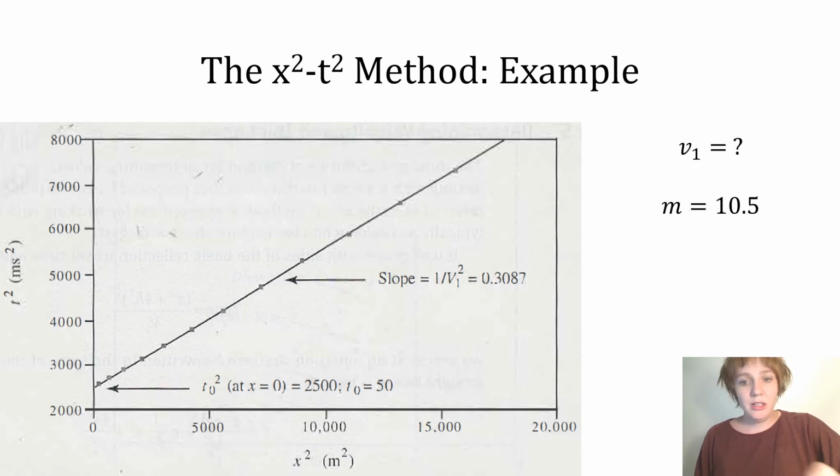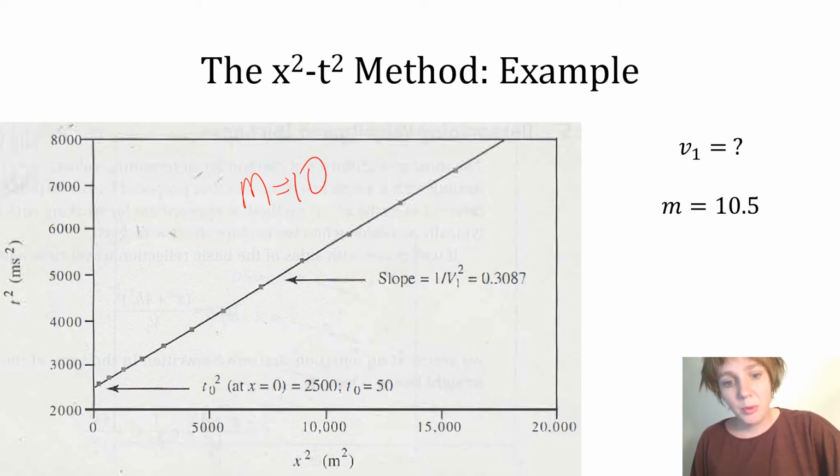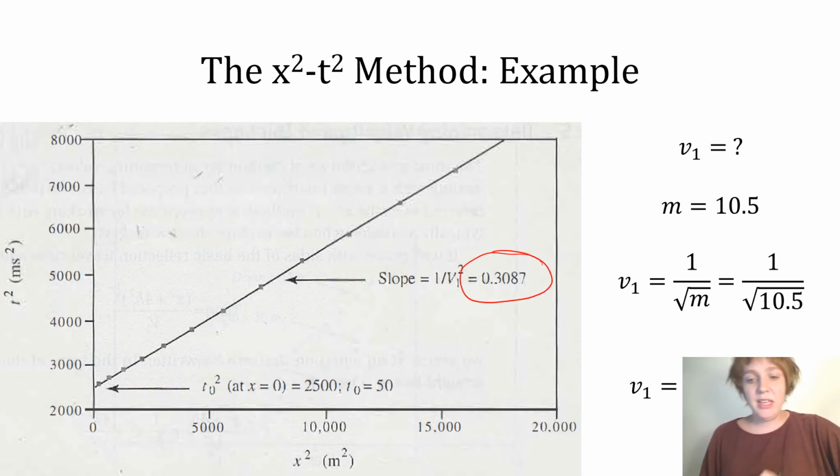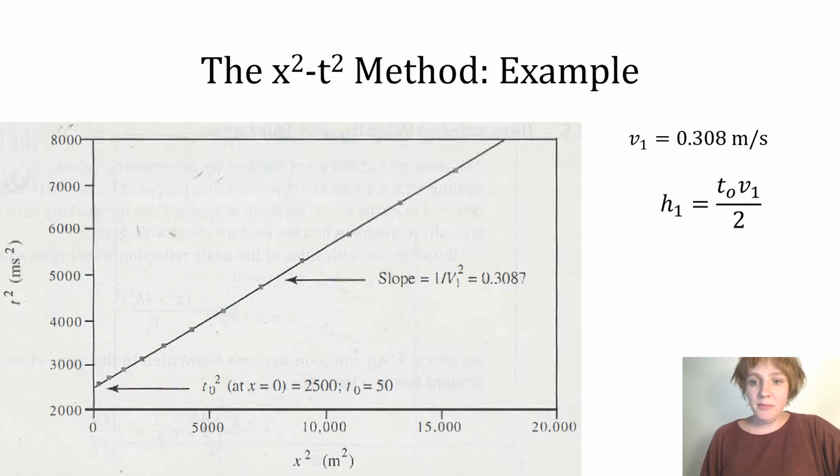And so it turns out that the slope of this line is actually 10.5, and if we take 1 divided by the square root of that, we can actually determine that the velocity is 0.308, like shown here.